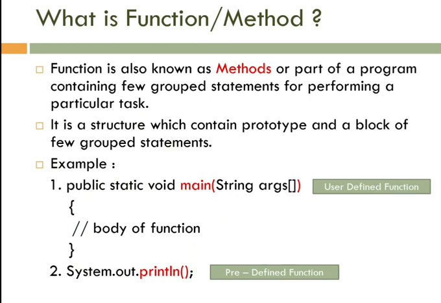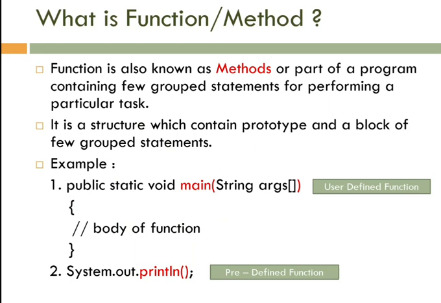The second point: it is a structure which contains a prototype and a block of a few grouped statements, which we are going to run. We have two types of functions right now: one is user defined and one is predefined. For example, if we write public static void main string args, main is a function with function brackets.